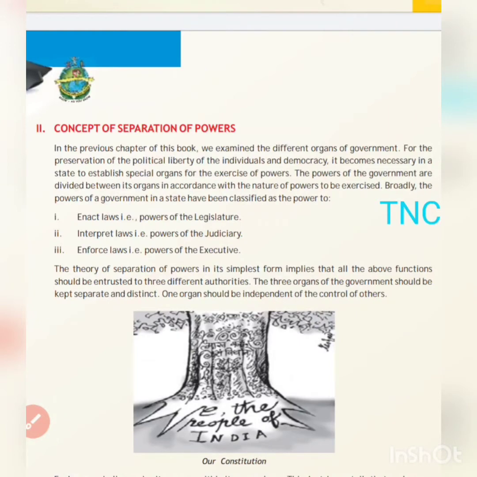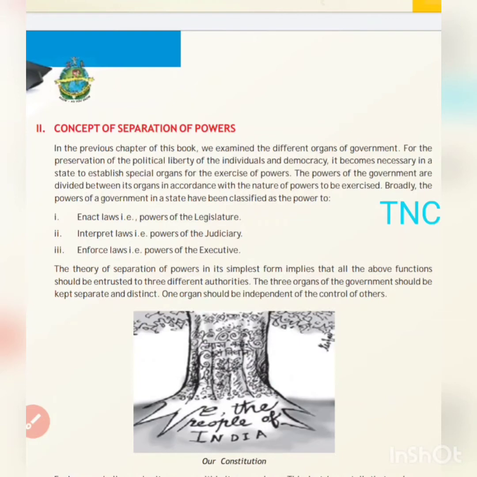Okay, let's begin. In the previous chapter we examined different organs of government. For preservation of political liberty of individuals and democracy, it becomes necessary in a state to establish special organs for exercise of powers.